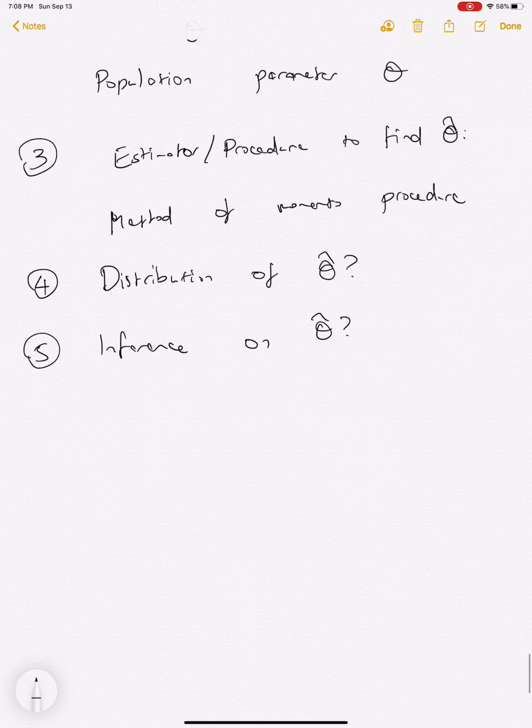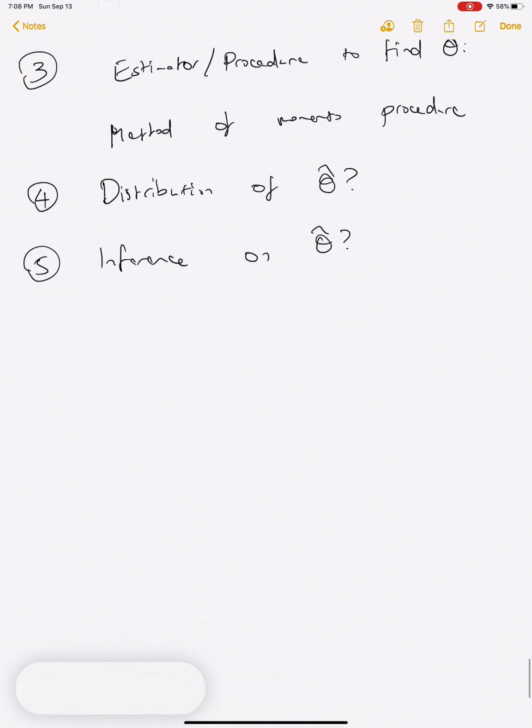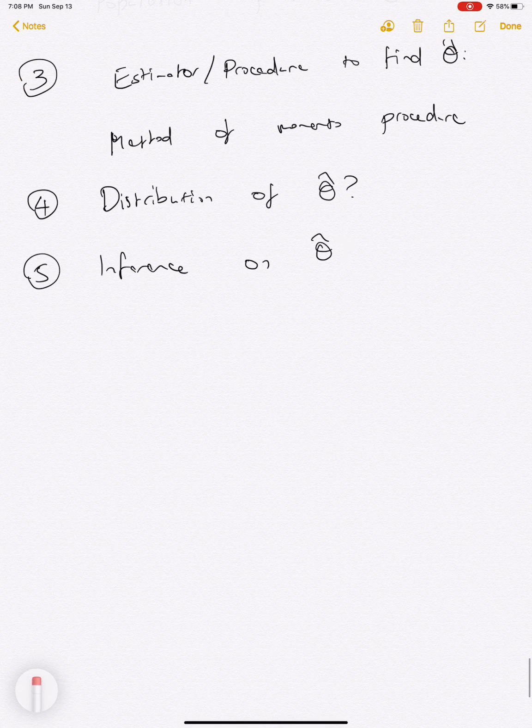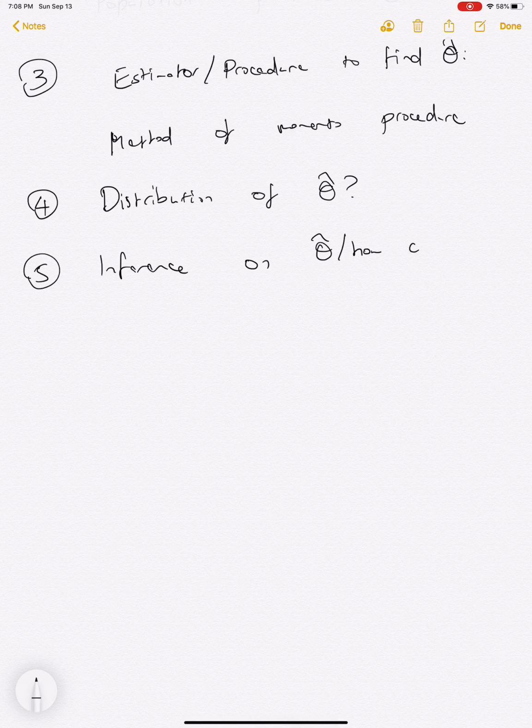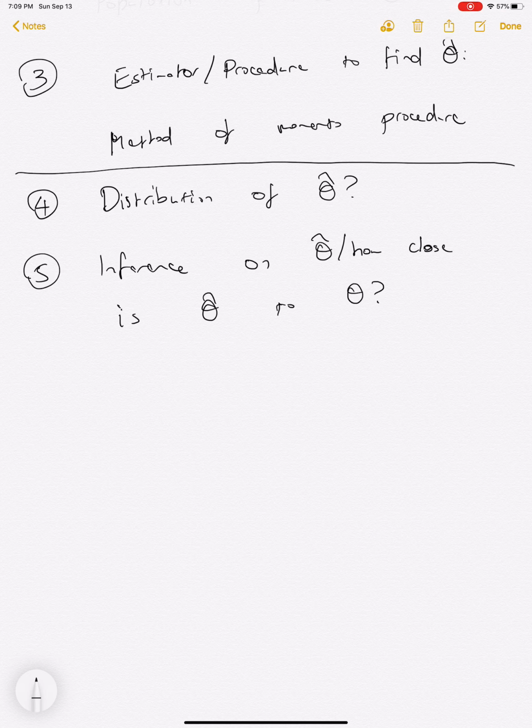Okay, so what we haven't done yet, and what we'll talk a little bit about in the next lecture, although it's a little bit hard to generalize, is the distribution of theta hat.